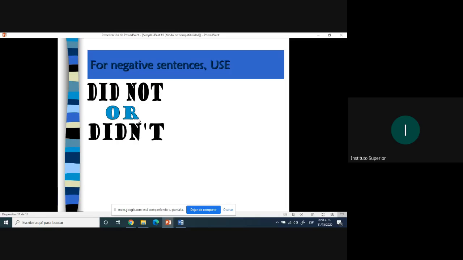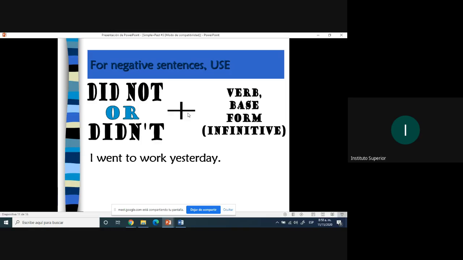We use did not, as you mentioned, or just didn't, plus the verb in the base form, pero ya no solamente the base form, sino también the infinitive form. How do we create the infinitive form?